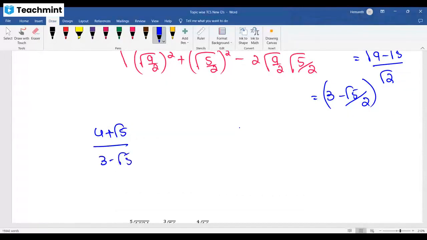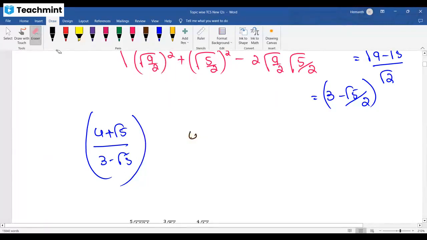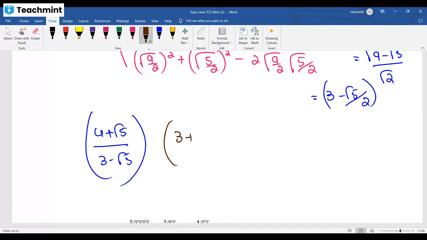When you do rationalization, multiply with 3 plus root 5 and divide with 3 plus root 5.